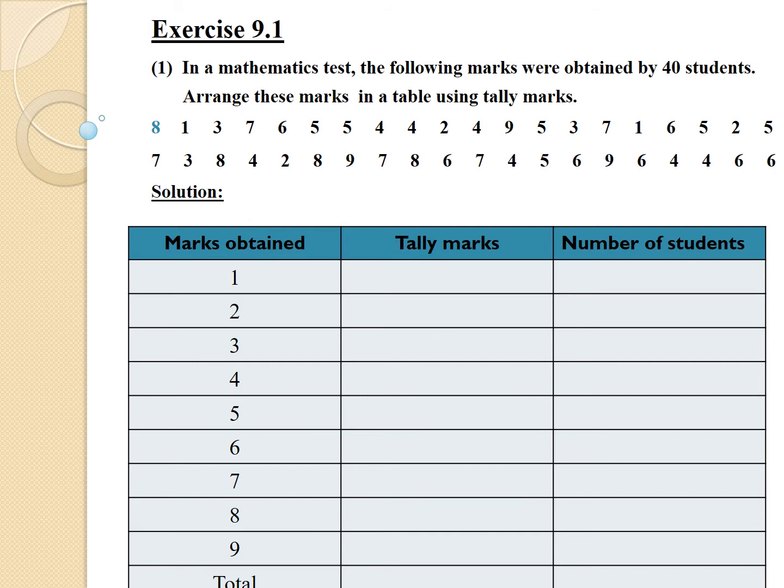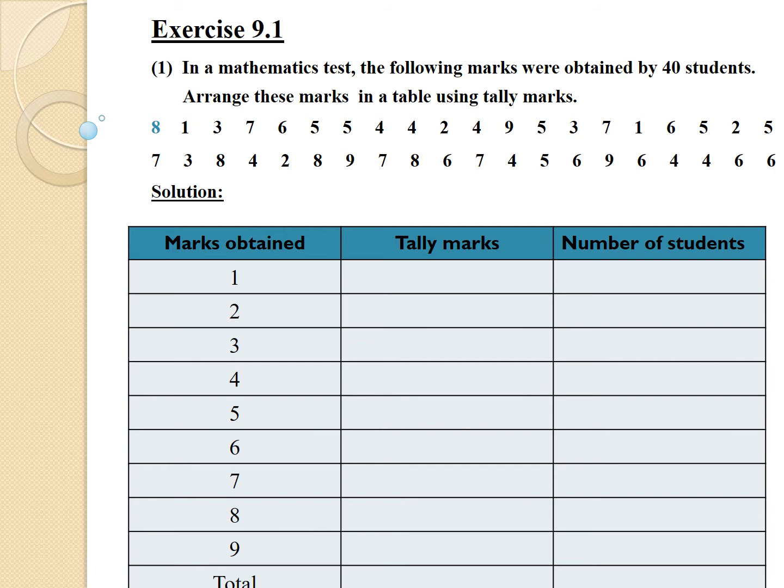Students, these are the marks obtained by 40 students. Students, in this question, it is given to you that arrange these marks in a table using tally marks. So students, you have to draw a table using tally marks, that is frequency distribution table.